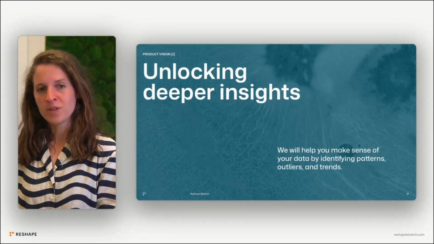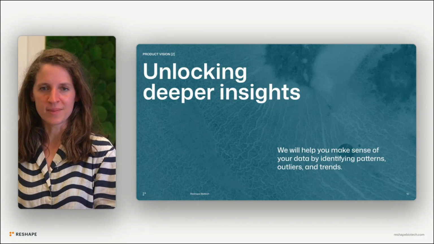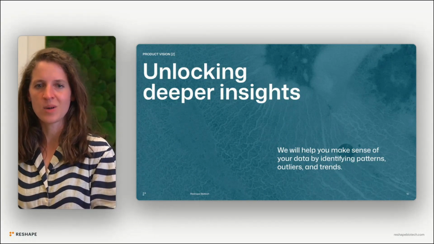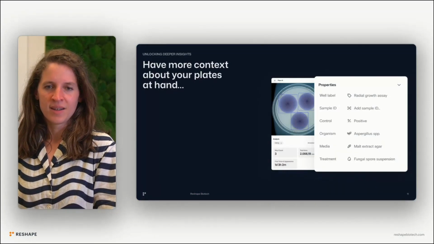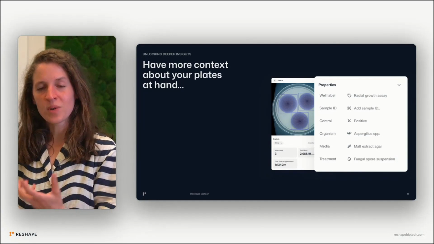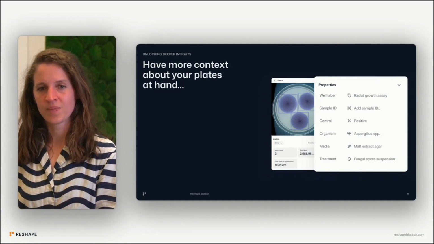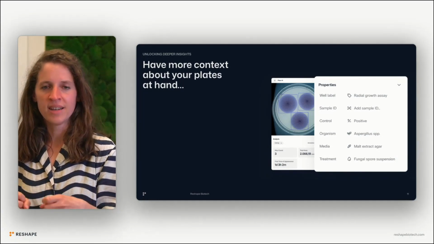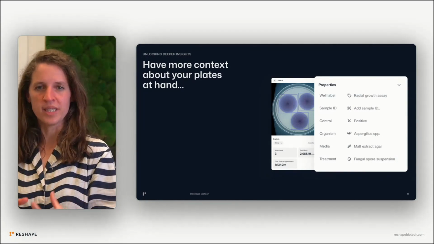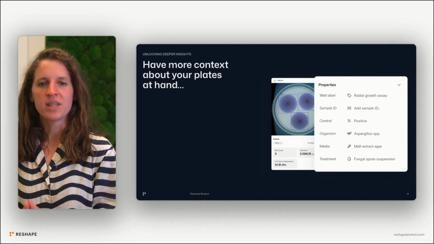Another important theme for us is unlocking deeper insights. We will help you make sense of your data by identifying patterns, outliers, and trends. And a core thing we've done here is to add the ability to add more context to your plates. Of course, we can look at a plate and identify, very technically, what we see, but the context is what makes it interesting.